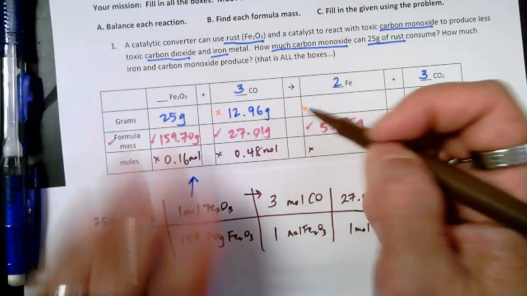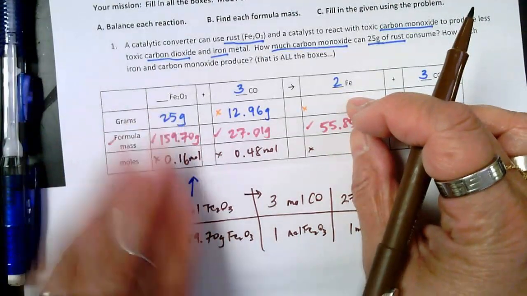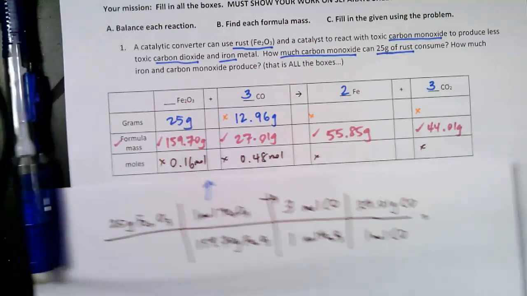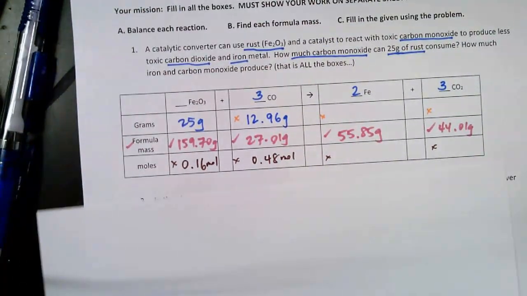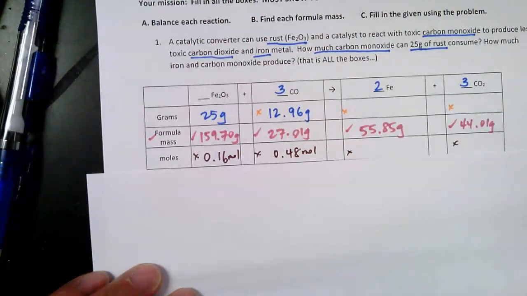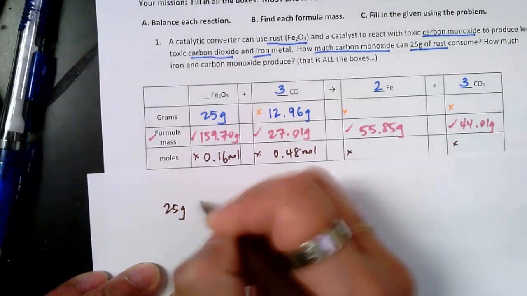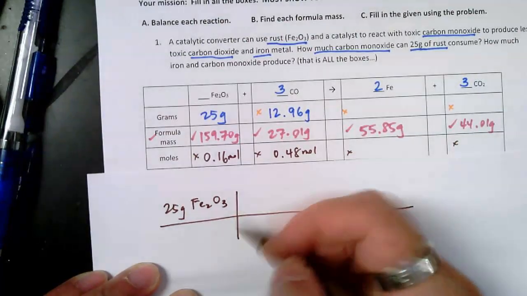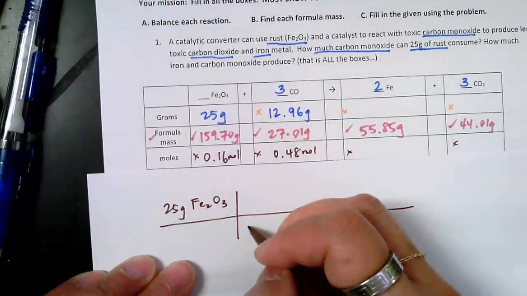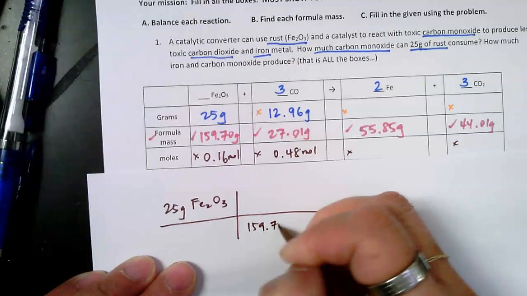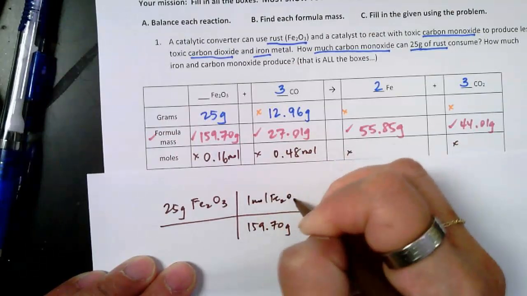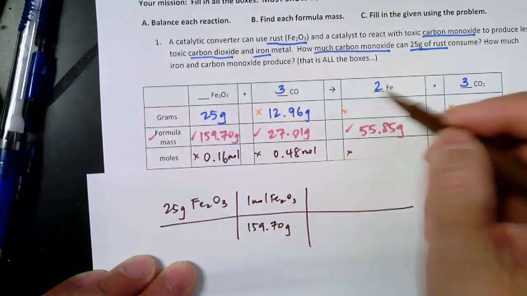So, let's see how we would set up to do this one. Same setup, okay? I'm going to use this separate new sheet. So, I've got 25 grams of Fe2O3. And then it goes again, it's 159.70 grams, which is 1 mole of Fe2O3. And now I'm trying to go here.